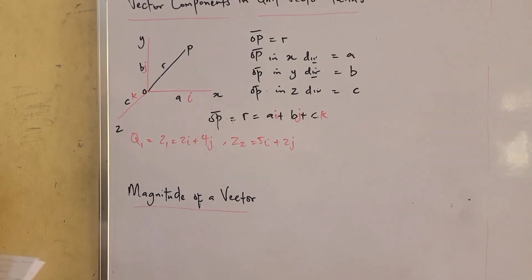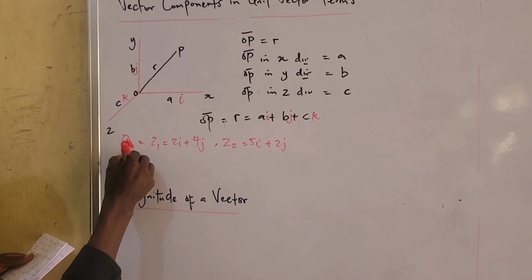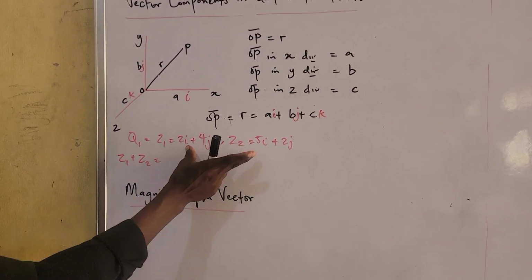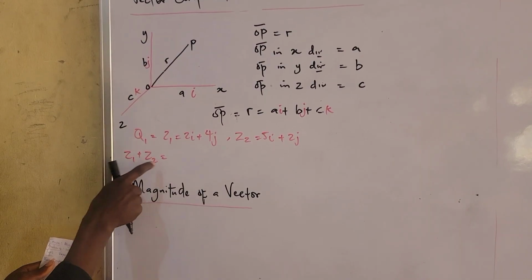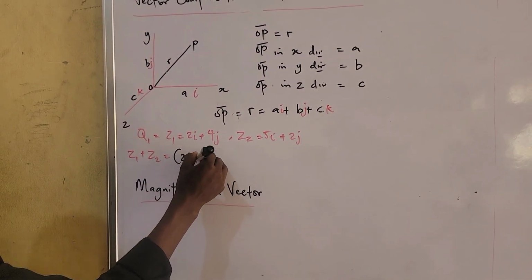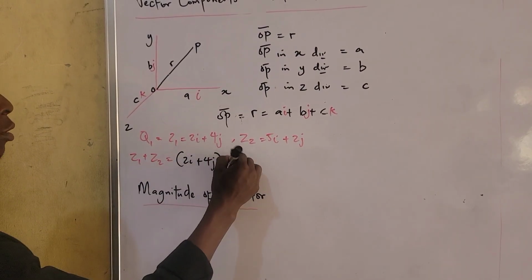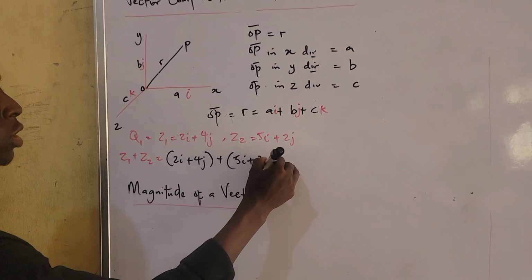We are asked to find Z1 plus Z2. Very simple. We are taking both i and both j. What's our Z1? We can bring it outside: open bracket 2i plus 4j close bracket, then plus we bring here 5i plus 2j.